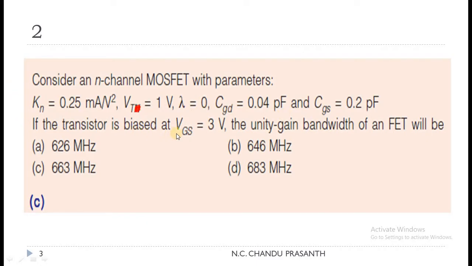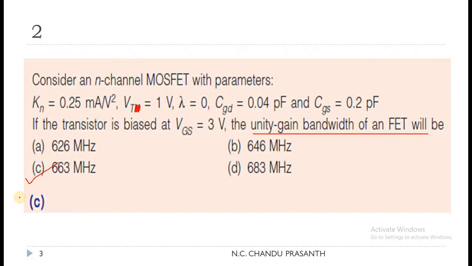If the transistor is biased at VGS equal to 3 volts, the unity gain bandwidth of an FET will be? Options are A 626 MHz, B 646 MHz, option C 663 MHz, and option D 683 MHz. The correct option is option C.